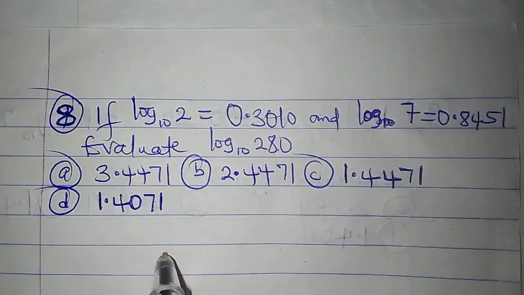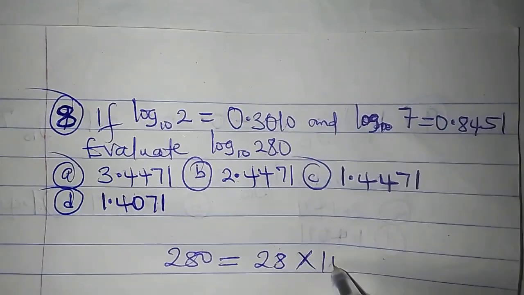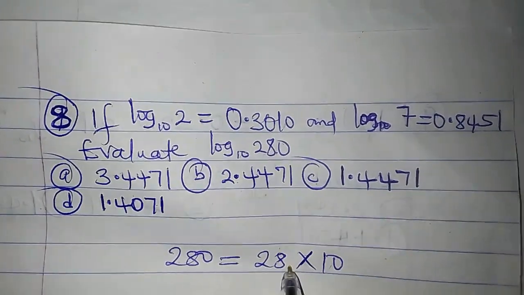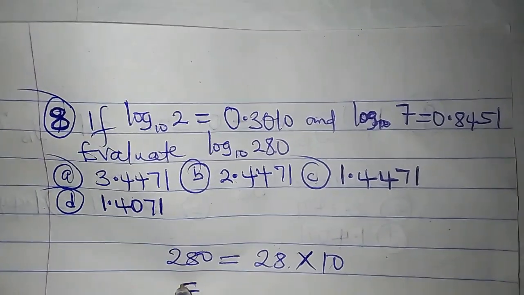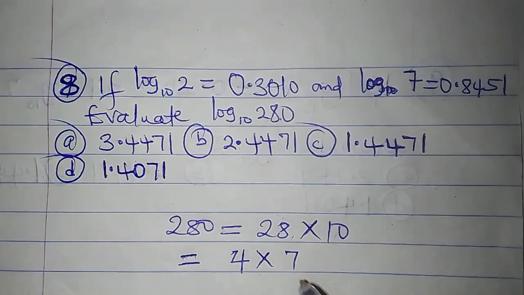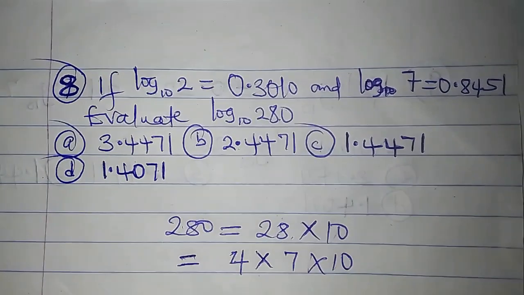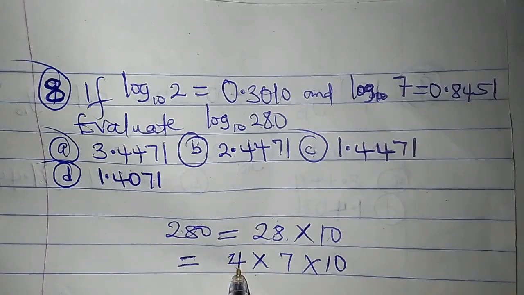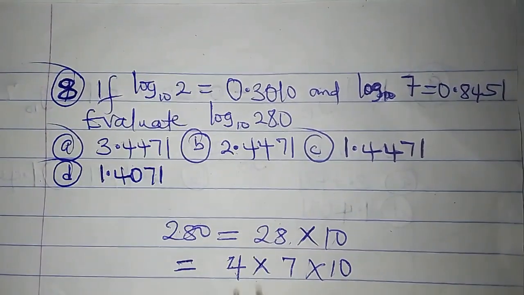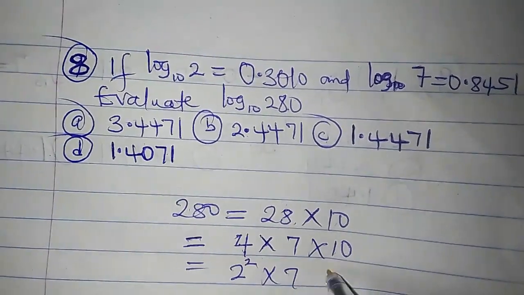280 is equal to 28 times 10. Okay. 28 is equal to 4 times 7. So 280 is now 4 times 7 times 10. Okay. 4 is the same thing as 2 to the power of 2, times 7 times 10.